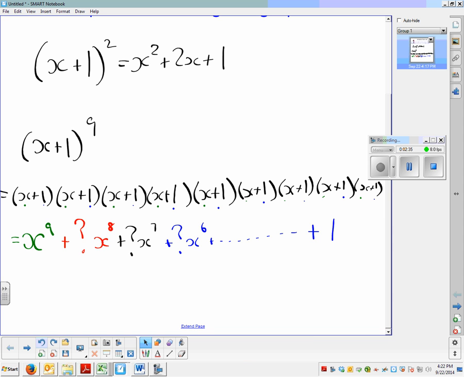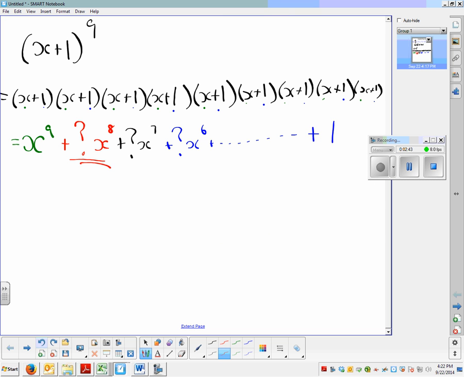Well, how do we get the x to the 8th term? There are several ways to get it. I could do this x here, this x here, this x, this one, this one, this one, this one, and the 1. That would give me 1x to the 8.